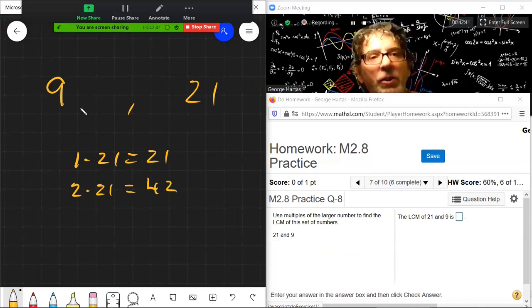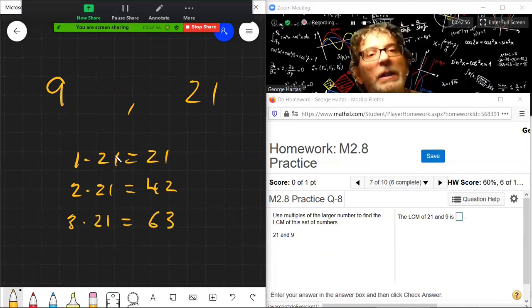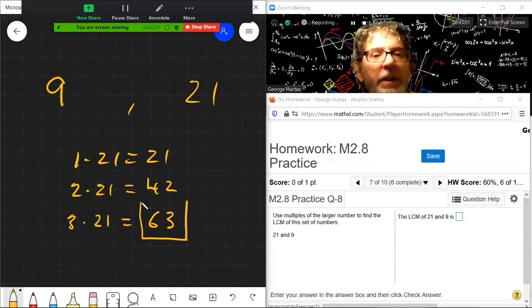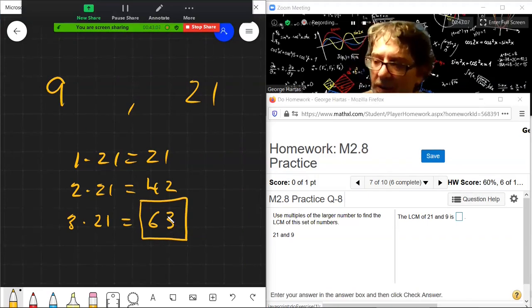Does 9, the smaller of the two numbers, go into 42 evenly? No. Take the next multiple of the bigger number, 3 times 21, which is 63. Does 9 divide into 63 evenly with no remainder? Yes, because 9 times 7 is 63. Nice.